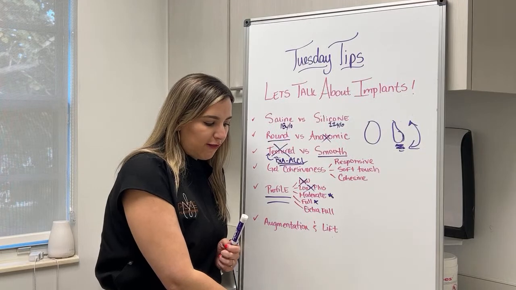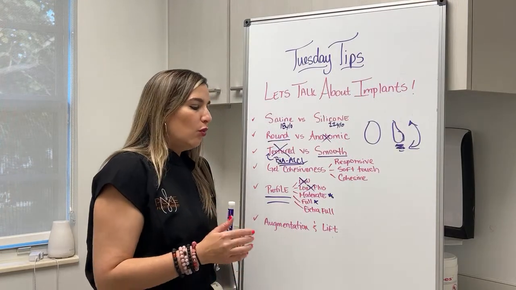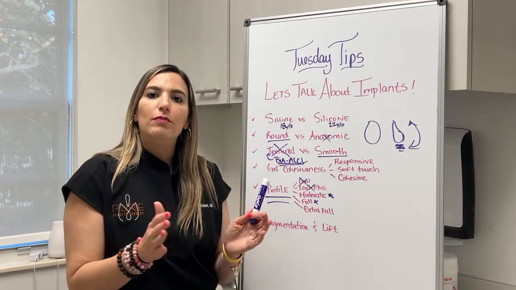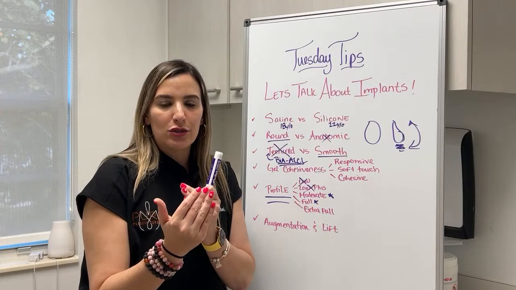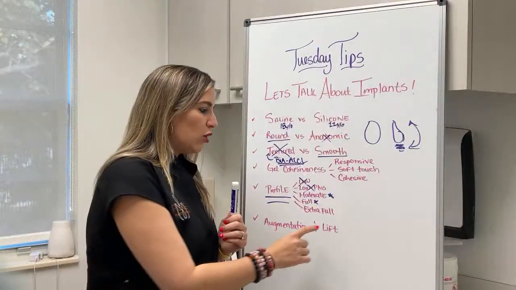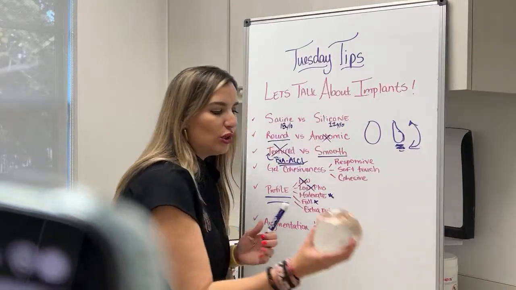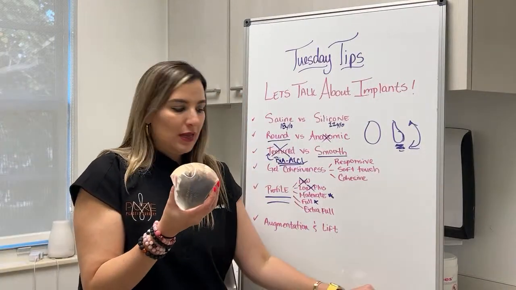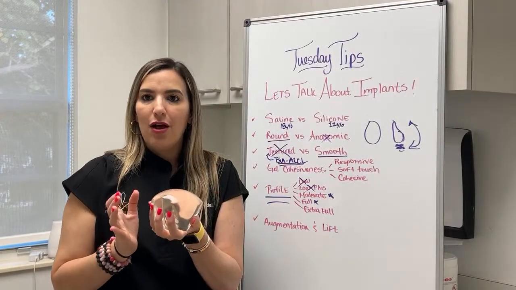You see that it's flatter than the full. The full is a little bit rounder. To make it rounder means that the implant is actually narrower, so it projects more, okay? So when we go to an extra full, the implant is almost a ball. It's narrower and taller, which makes it almost a ball.